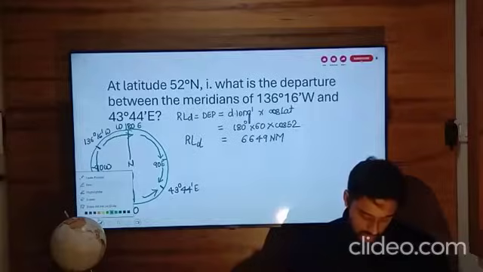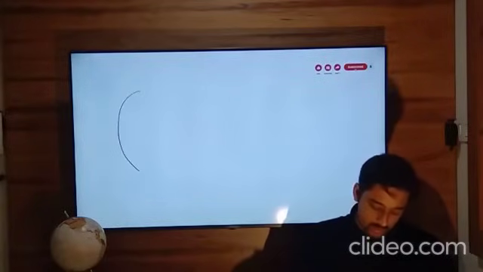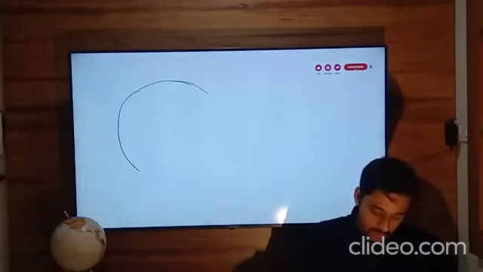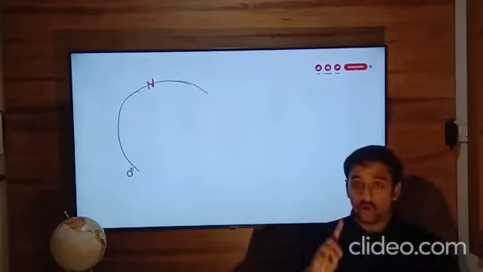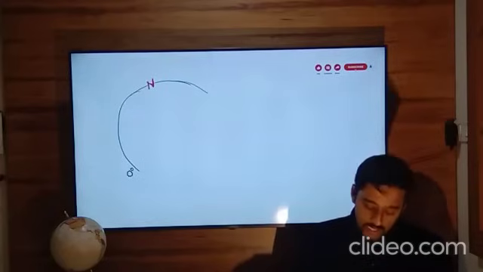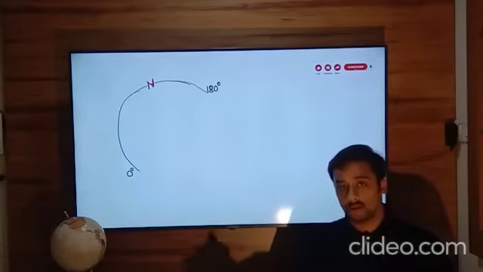So if this is your earth, and let's say this is the north pole here, there is a meridian on one side of the earth which is 0 degrees. On the other side of the earth, that is the western hemisphere, there will be its anti-meridian, 180 degrees.